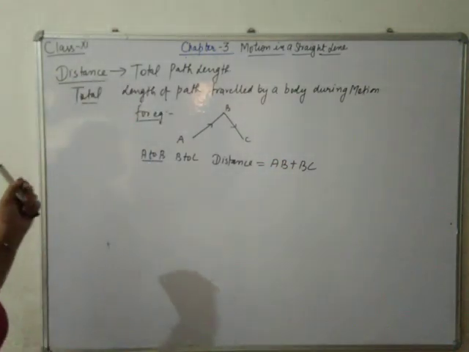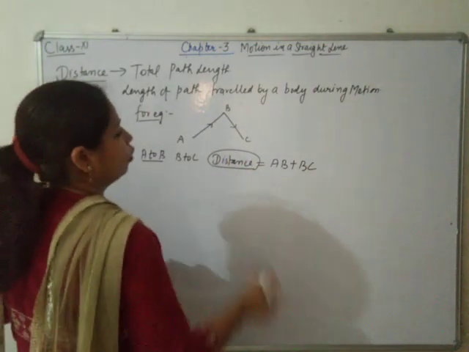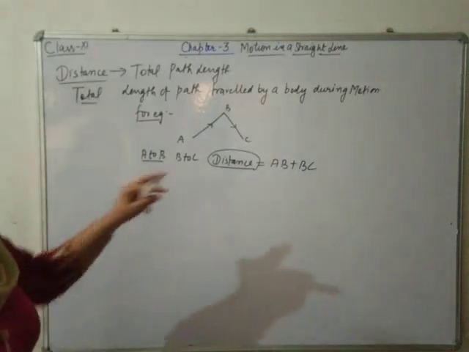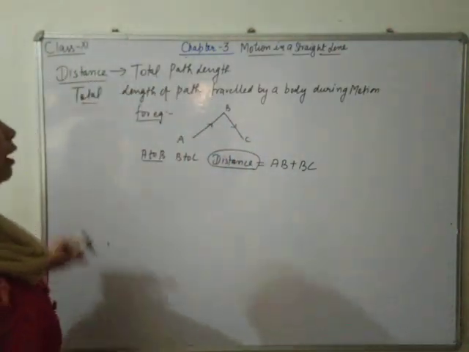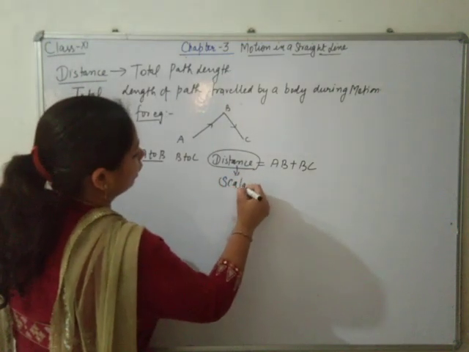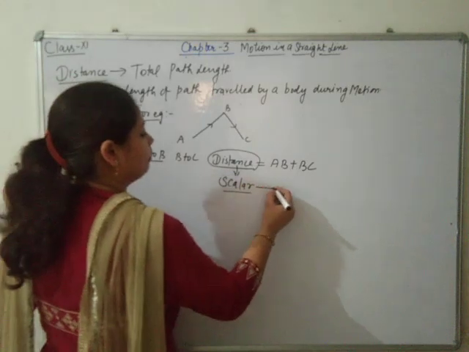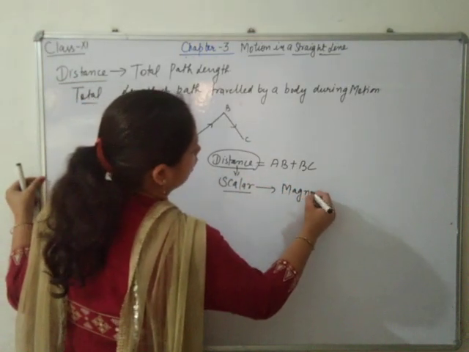While we are dealing with distance, we have not given any importance to the direction, in which direction, at which angle the body is moving. It means distance is a scalar quantity. It can be represented only by its magnitude completely.